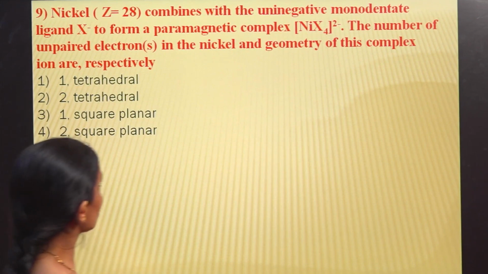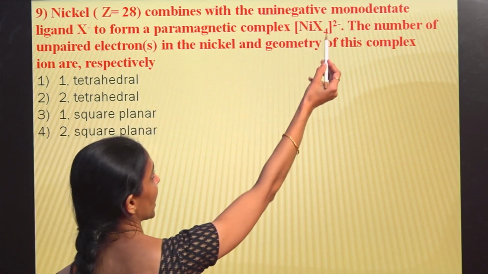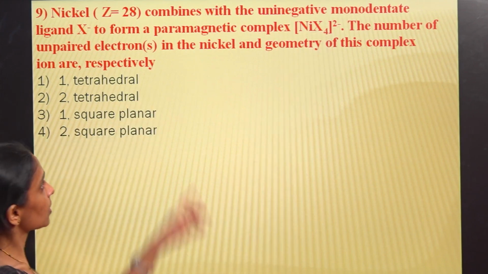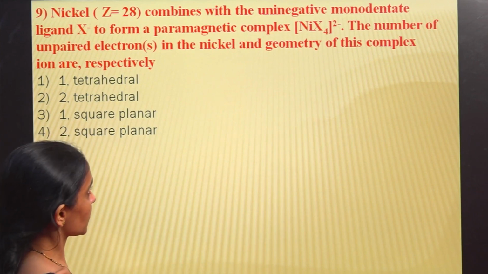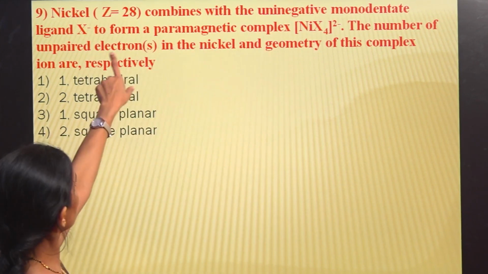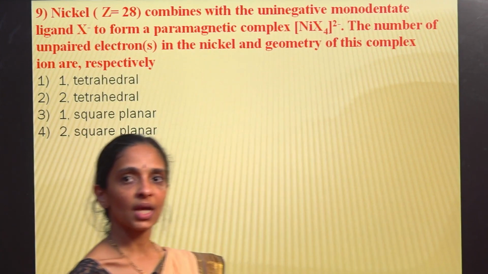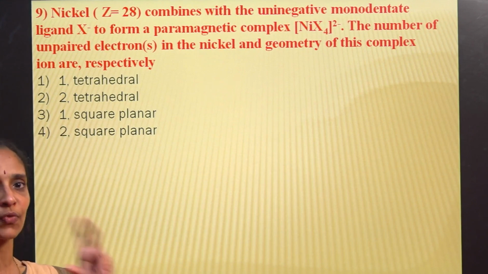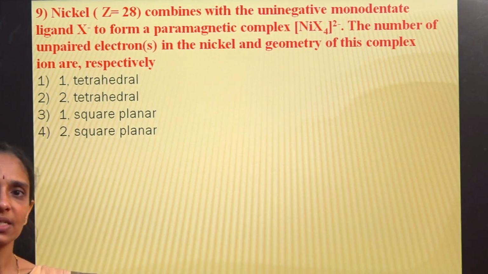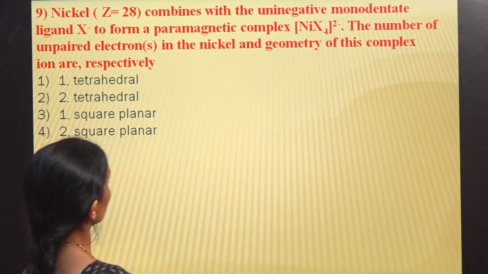Okay, now we have a nickel complex, and the complex is NiX4 2 minus. The ligand X, okay, that is unknown, but it is given that it's a monodentate ligand and uni-negative. And X is present in X minus form, just like Cl minus or Br minus, F minus, okay.